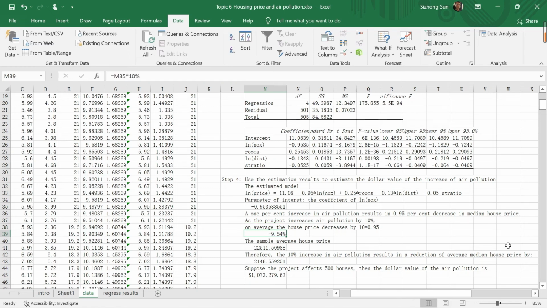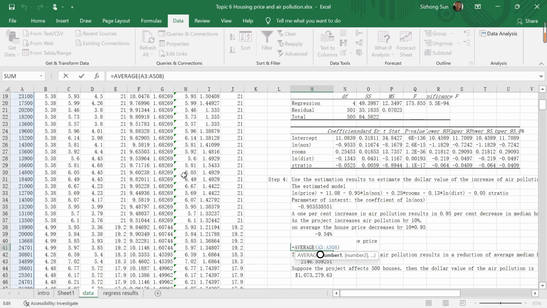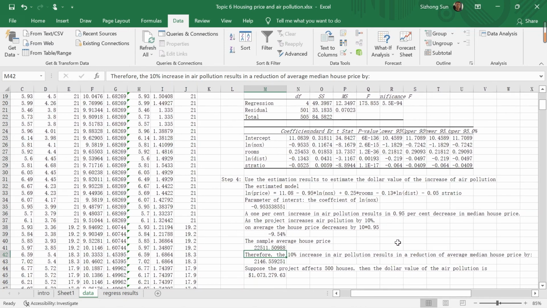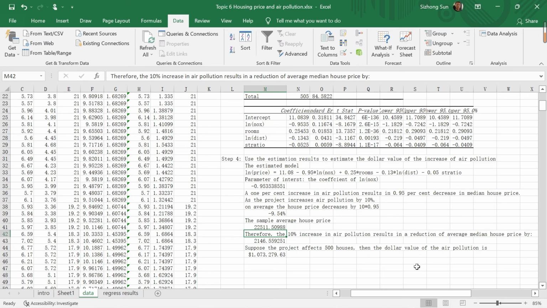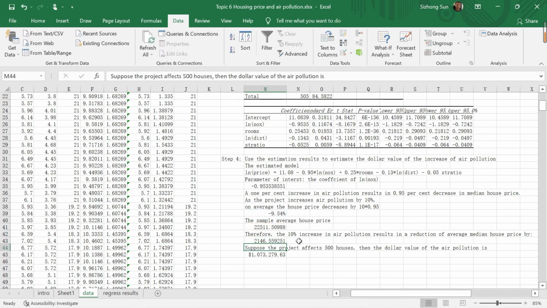Okay, and we can also calculate the sample average of house price, which is this many: the average of house prices from A3 to A508. Therefore, a 10% increase in air pollution results in a reduction of the average median house price by this many, $2,146.